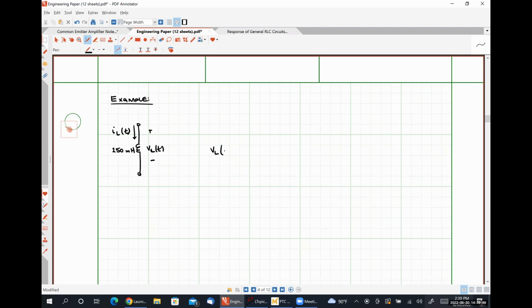If V_L of t is equal to 0 volts for t less than 0 seconds, and it is equal to 5e to the negative alpha t volts for t greater than or equal to 0 seconds. And out here, I'm just going to say specifically that alpha is equal to 4 per second.